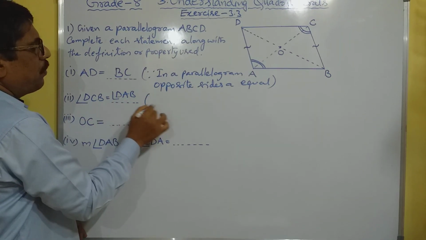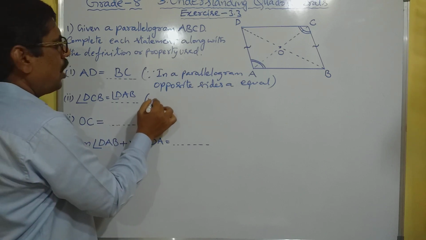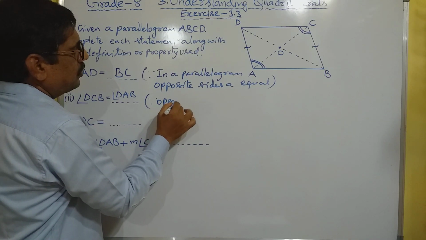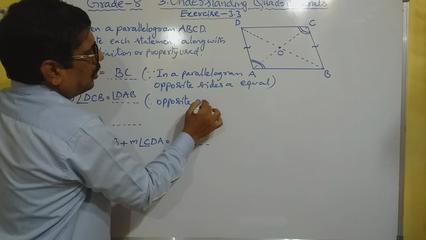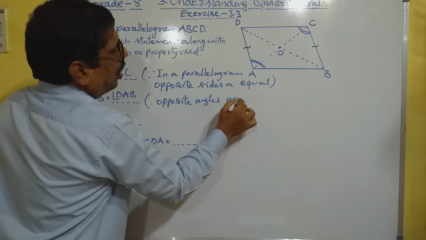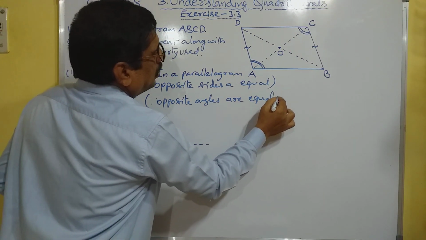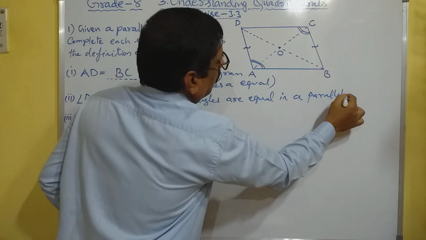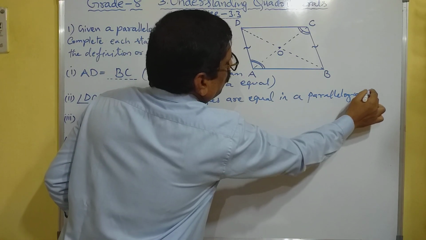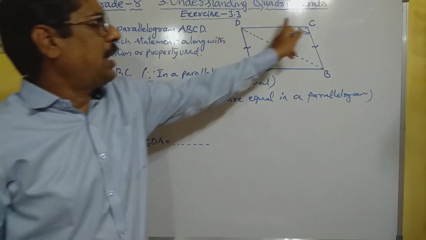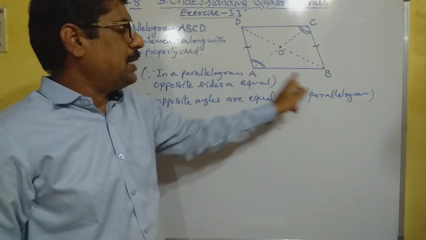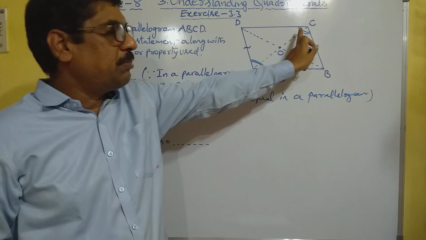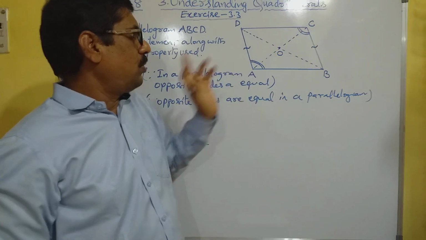What is the property involved in this? Opposite angles are equal in a parallelogram. So by using this property we can say that angle DCB is equal to angle DAB. Here I have marked with the symbols also. So this angle is equal to this angle.